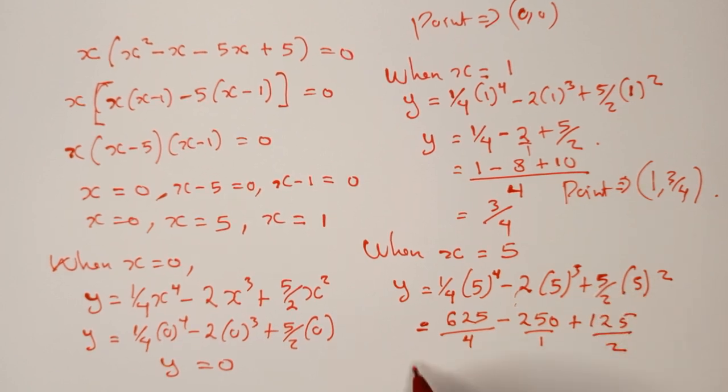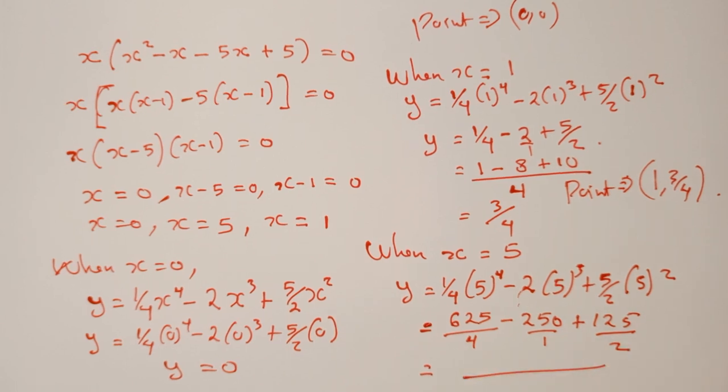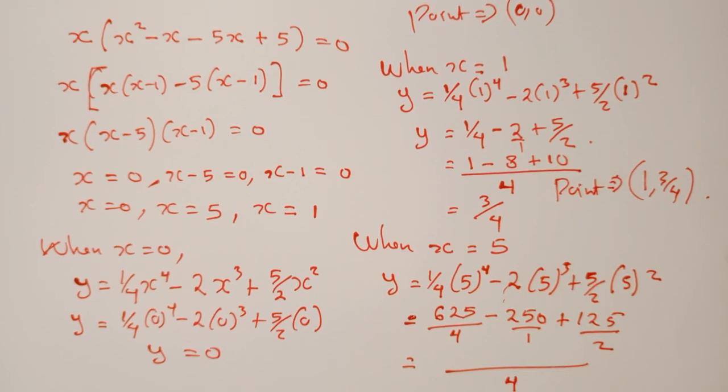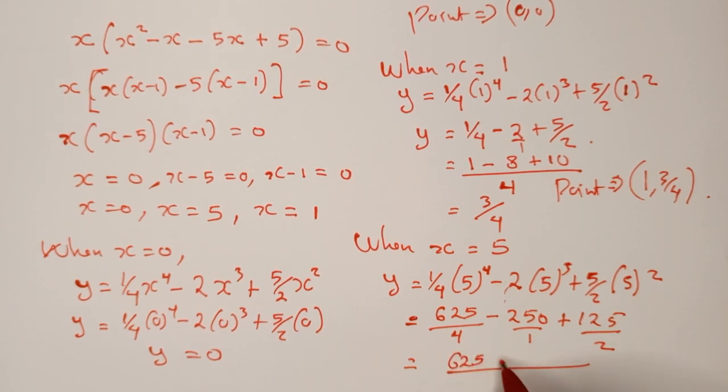So when you simplify this further, we can start by LCM, which is 4. So our LCM is 4. So 4 goes there 1, so this will be 625 minus, so this is 1 goes to 4 times 250, that is 1000, plus 2 goes there 2 times 125 is 250.